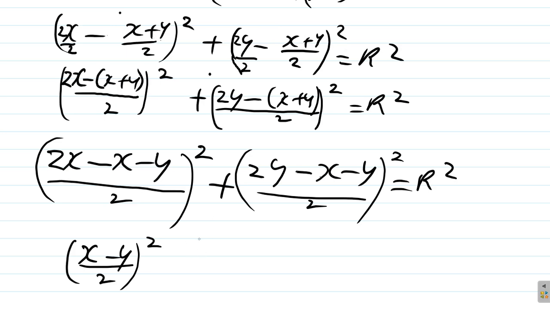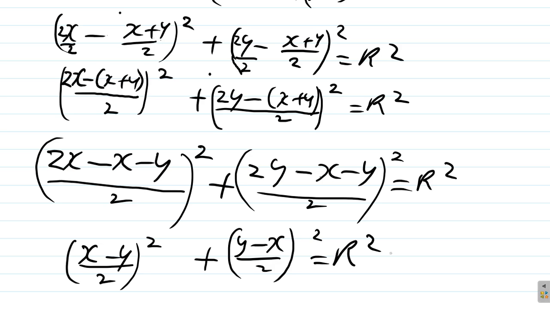A lot of writing and so on. And the fact is you might make mistakes if you did that. But anyway, you say plus 2y minus y is just y. So y minus x over 2 squared is equal to r squared. So you see that part?